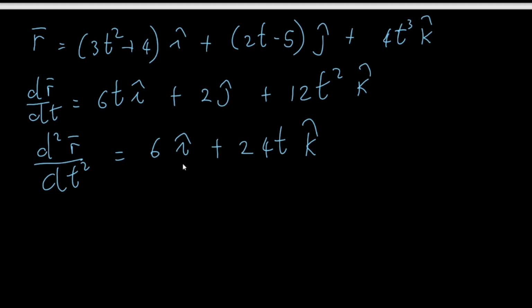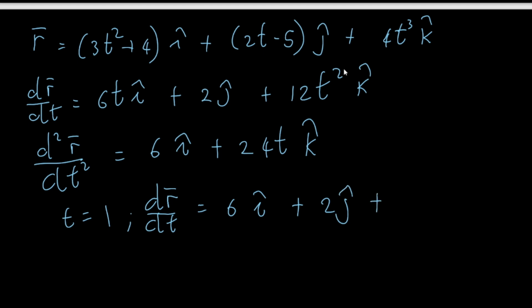So if we wanted to find the magnitude of these vectors, all we would do is apply the theorem of Pythagoras. But first, let's choose a value of t. Let's say t is equal to 1, so 1 second. So when t is equal to 1, then the derivative of r with respect to t is equal to 6 times 1, which is 6, plus 2j, plus 1 squared is 1, 1 times 12 is 12, plus 12k.